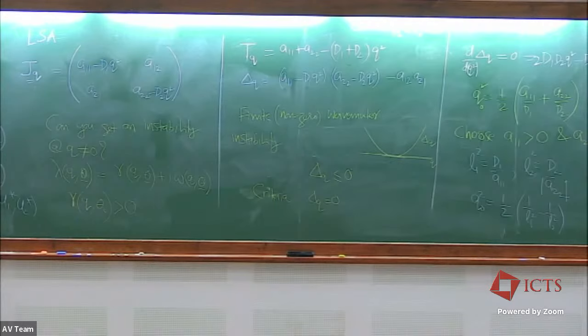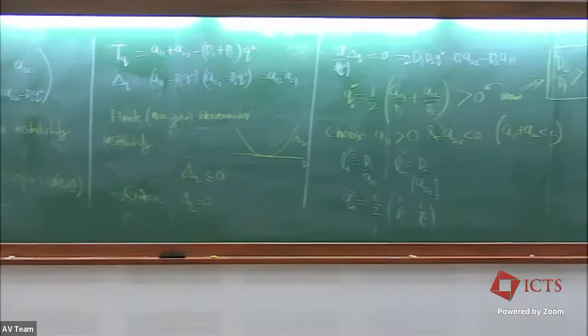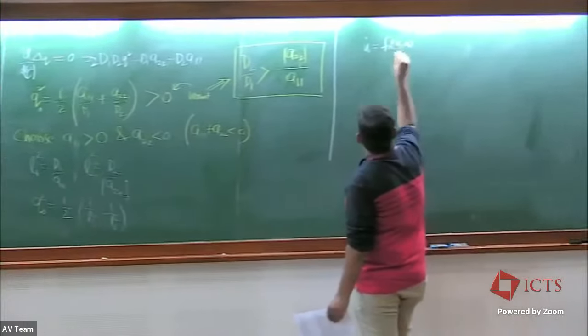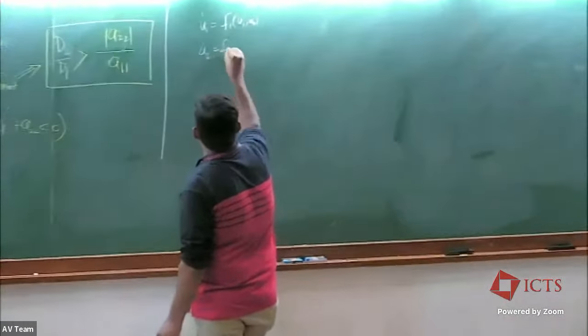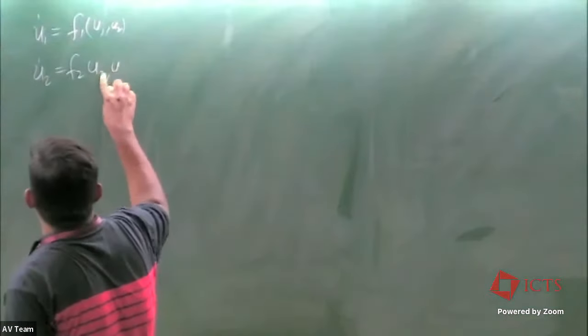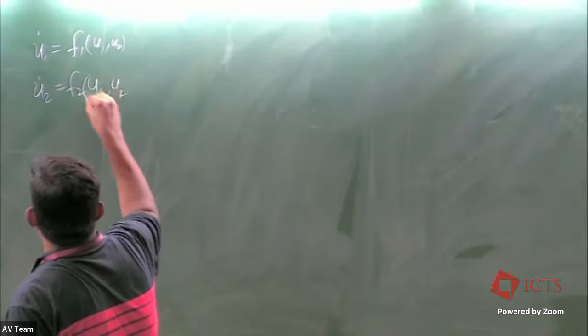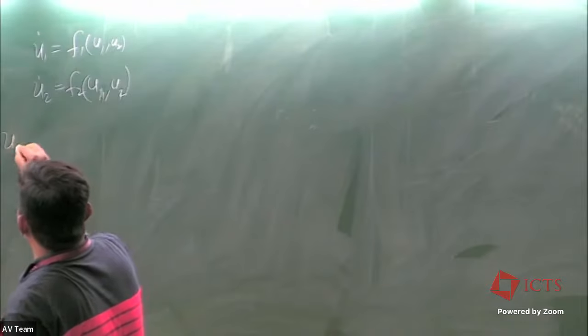Go back to the differential equations. So I had U1 dot as F1 of U1, U2, and U2 dot as F2 of U1, U2. And I said we are going to look at some fixed point.